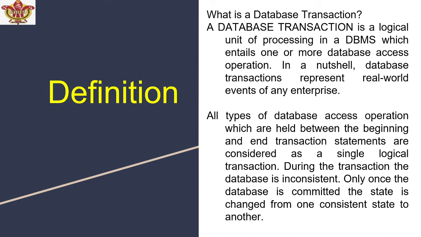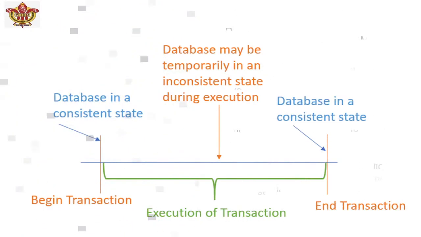Before we go to the definition of transactions, we will cover this diagram. As we can see in this diagram, the database is in a consistent state, and after that the database may be temporarily in an inconsistent state during execution, and lastly the database is in a consistent state.